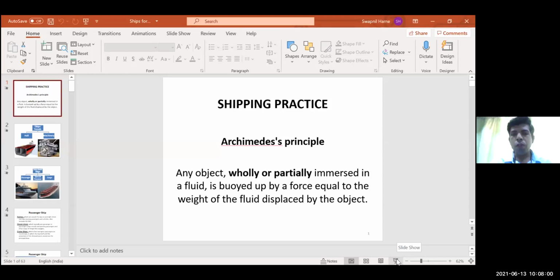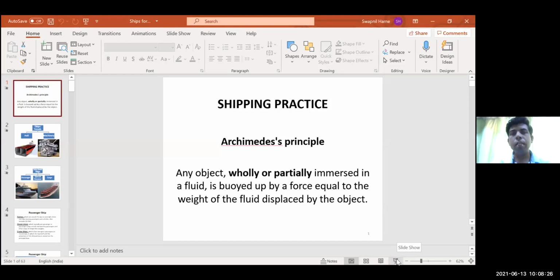So in simple terms, if I put a cube which has 10 kg of weight into water, the amount of water displaced will have a weight equal to 10 kgs. This is the simple Archimedes principle.